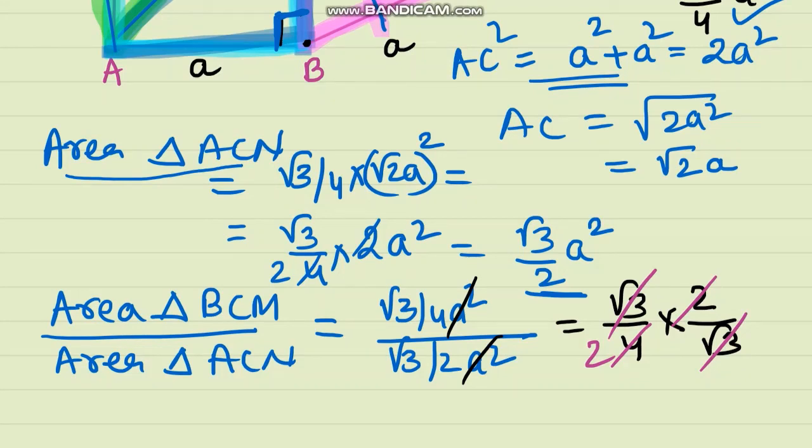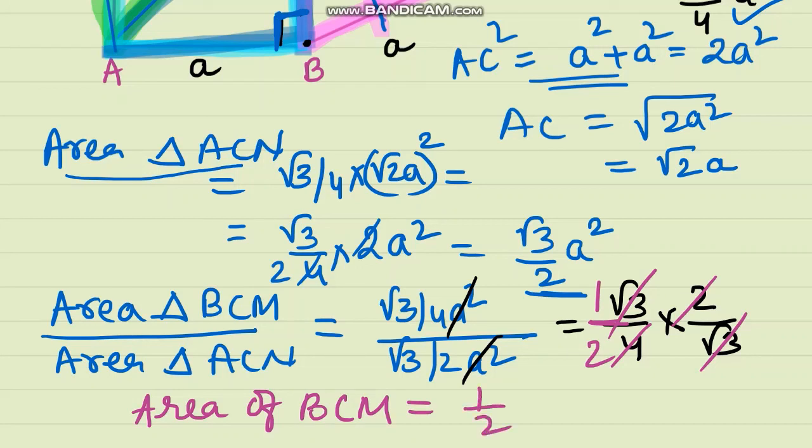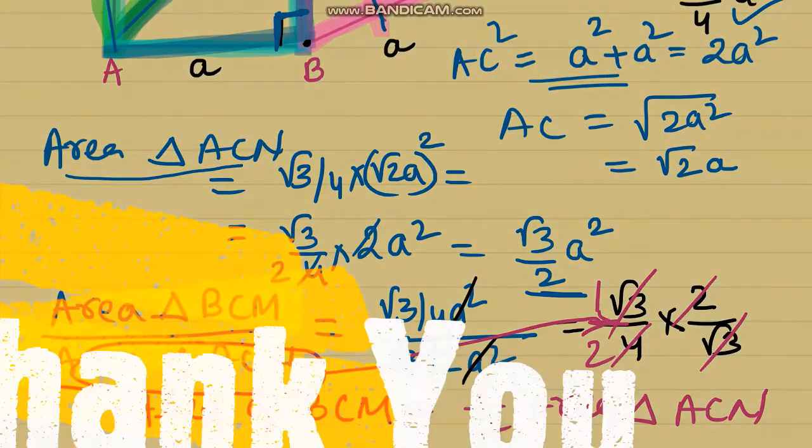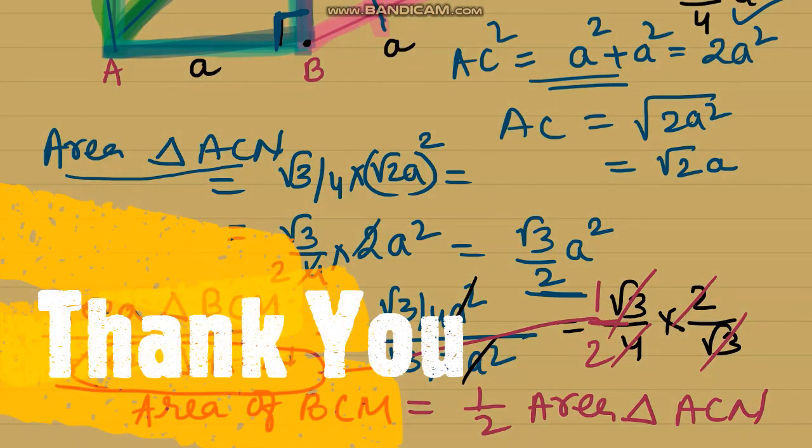So if we simply do the cross multiplication, you will get area of triangle BCM will be equal to half area of triangle ACN. Just you carry this part over here. So you can get the answer.